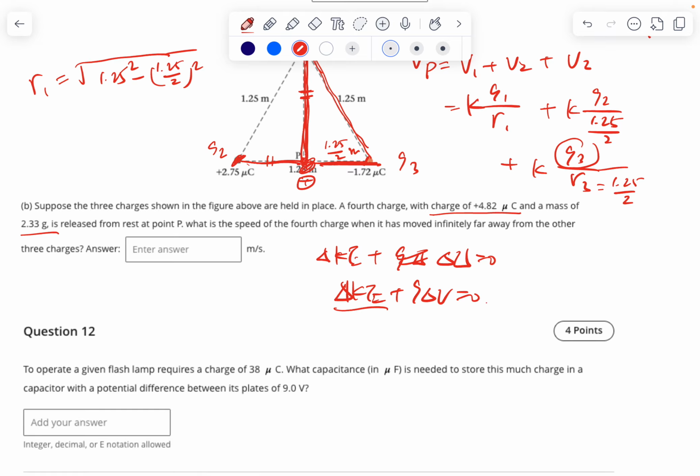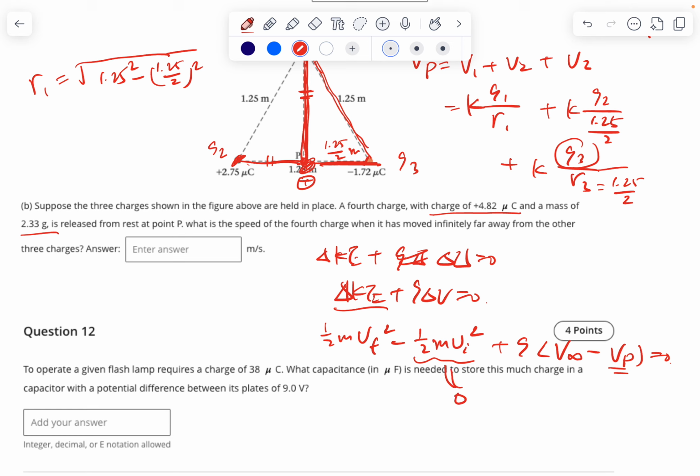So half m v final squared minus half m v initial squared, plus Q times the final potential minus initial potential, is 0. Release means the initial velocity is 0.